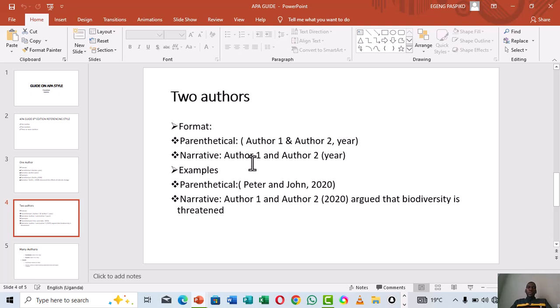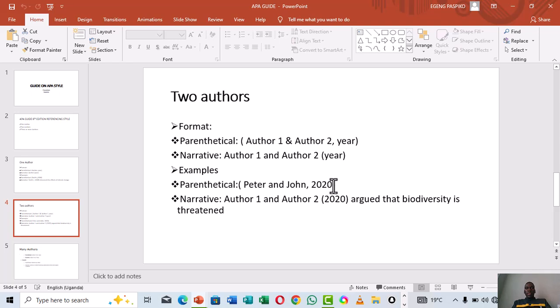Then for the narratives, you say author 1 and author 2, still with the year in the bracket, but the first one you put everything in the bracket and close everything in the bracket. The example: for the parenthetical, you have Peter and John, 2020. That's how you put it, the example for two authors, Peter and John.